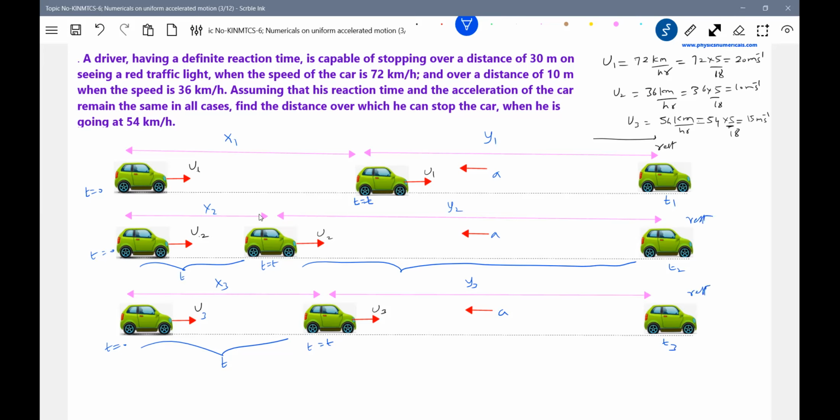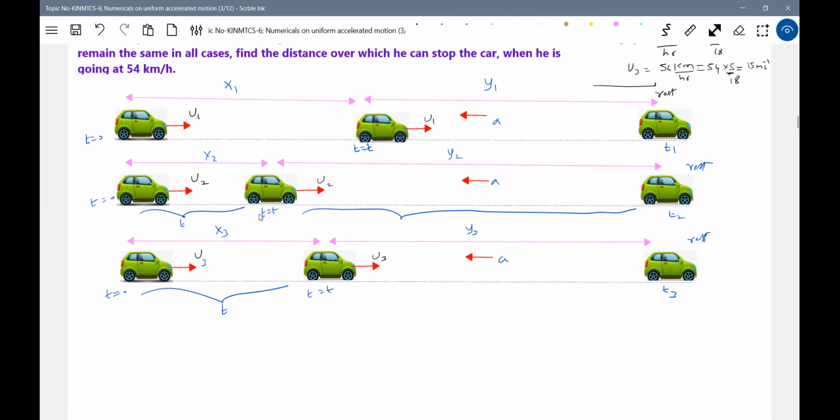Able to understand? So the car is moving. It will take time T to apply the brake. After this time T, the car undergoes retardation. Now brakes are being applied. It will undergo retardation, and come to rest here. So what is the T I should define?